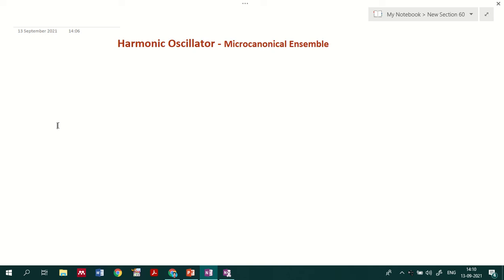In a harmonic oscillator we treat this as a one-dimensional problem. The Hamiltonian corresponding to a harmonic oscillator is the sum of the potential energy plus the kinetic energy, so H(q,p) equals half k q square plus p square by 2m.